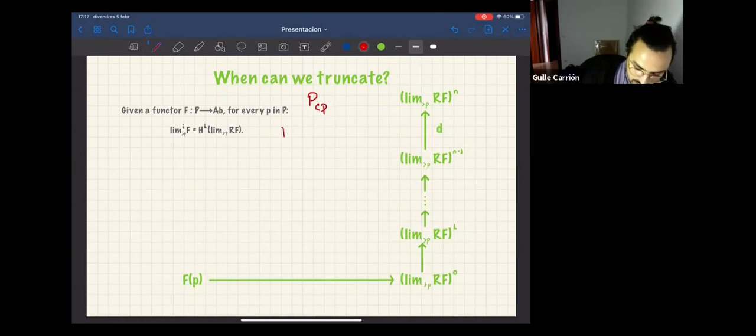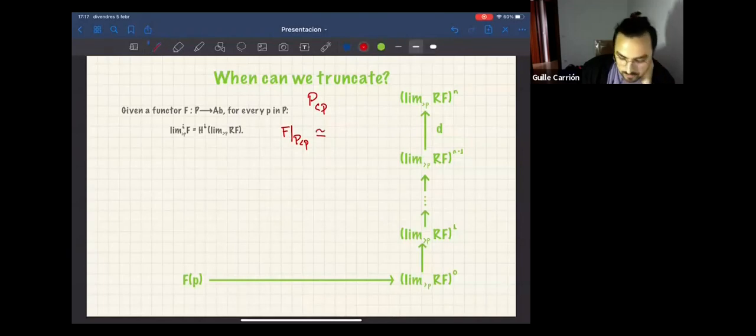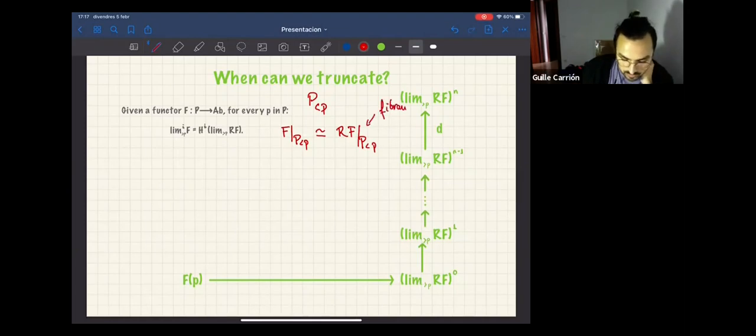And given a functor, this functor restricted to this category is also quasi-equivalent to this one, because the weak equivalences are pointwise weak equivalences, and also this is fibrant too. So this one is its fibrant replacement.